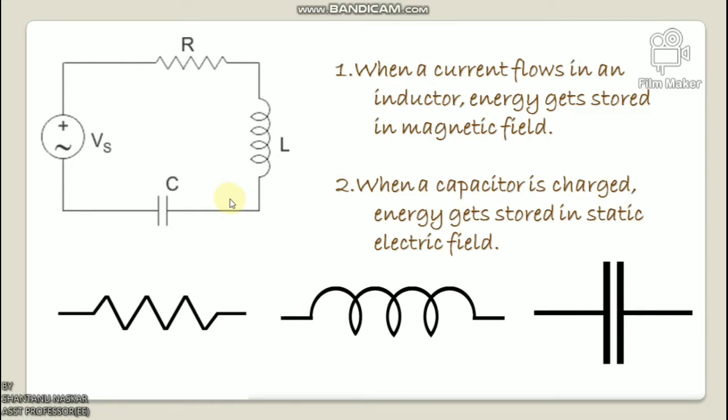In this circuit containing inductor and capacitor, the energy is stored in two different ways. Number 1, when a current flows in an inductor, energy gets stored in magnetic field. Number 2, when a capacitor is charged, energy gets stored in static electric field.